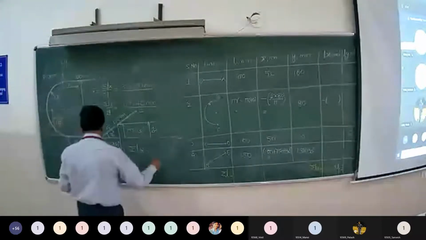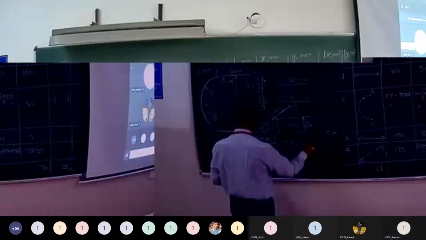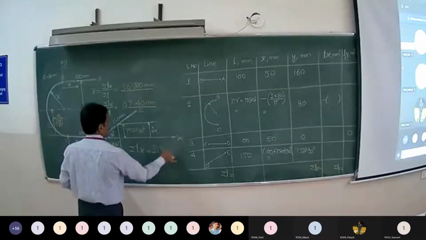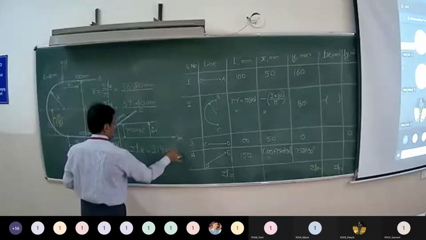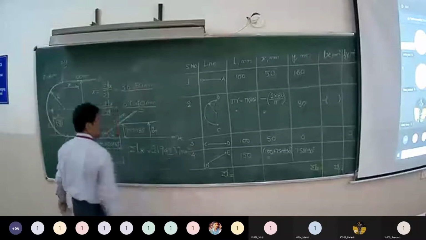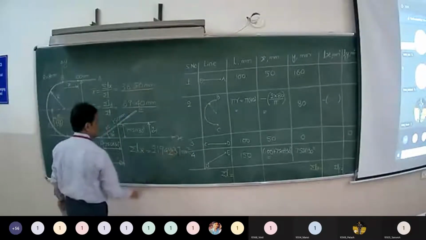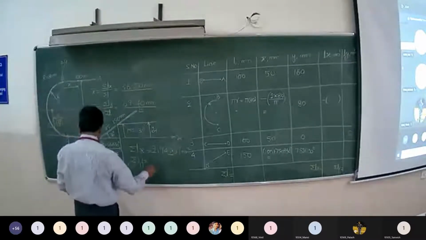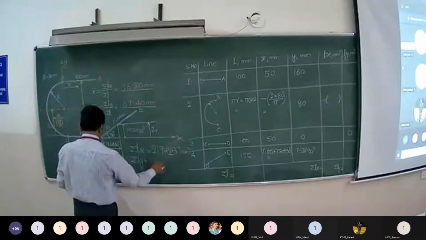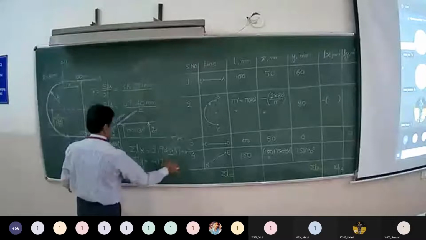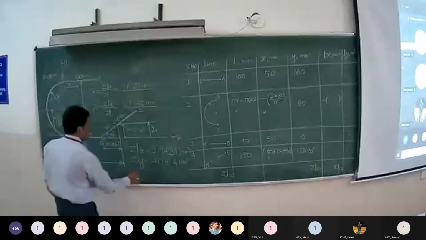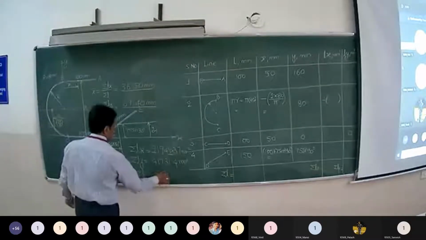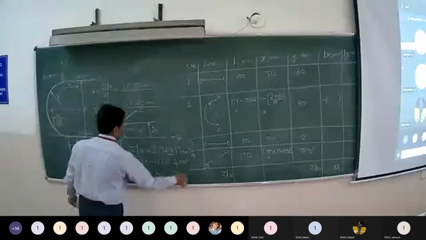So you get summation L into X is 1942.37, summation L into Y is 41731.4, whereas summation L is 601.33.